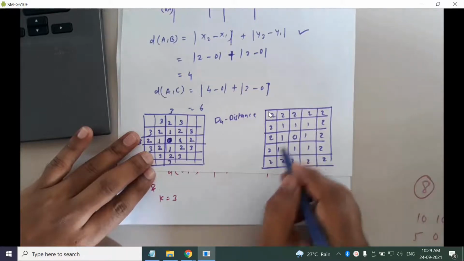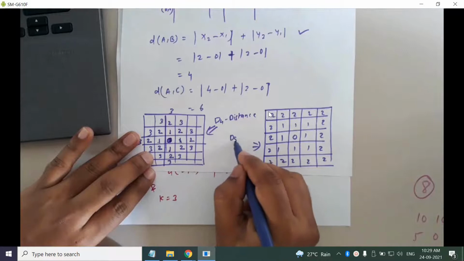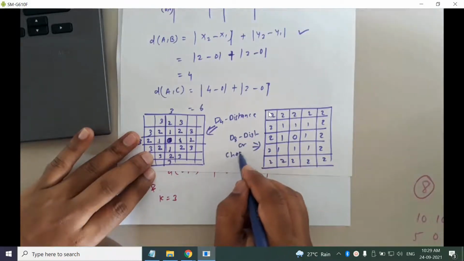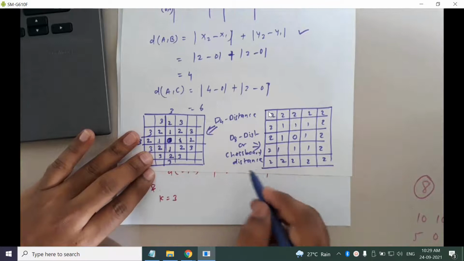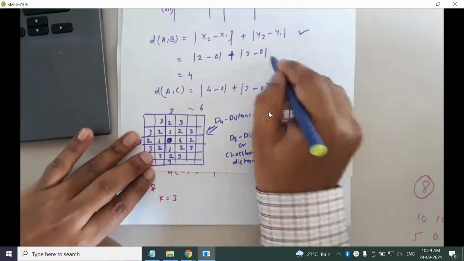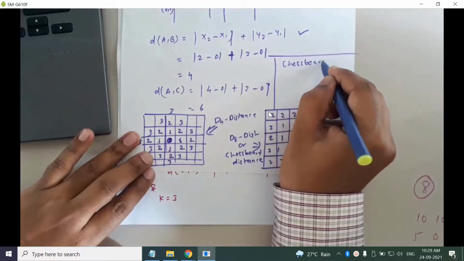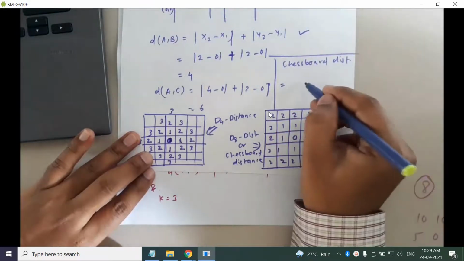This distance metric is known as D8 distance or chessboard distance metric. And what is the formula for chessboard distance? Can you figure out the metric?